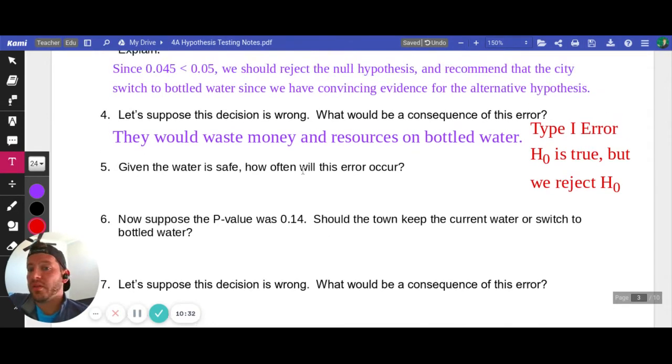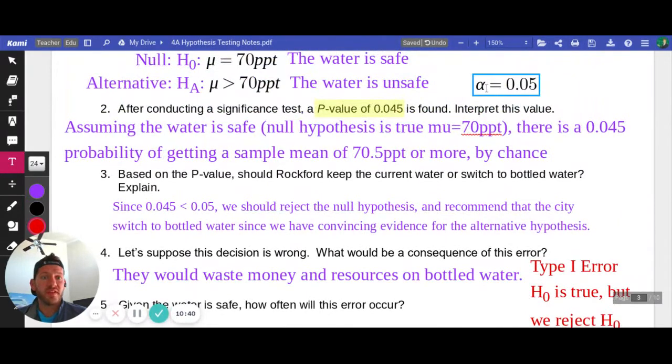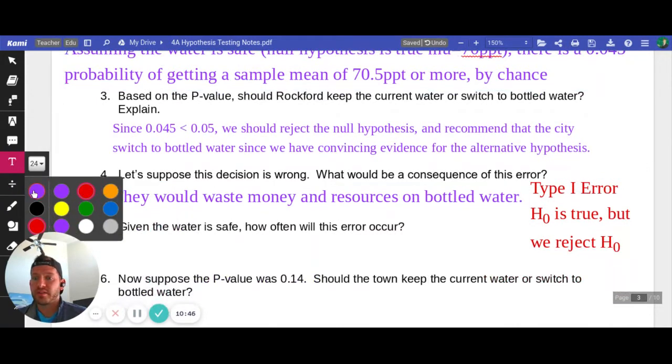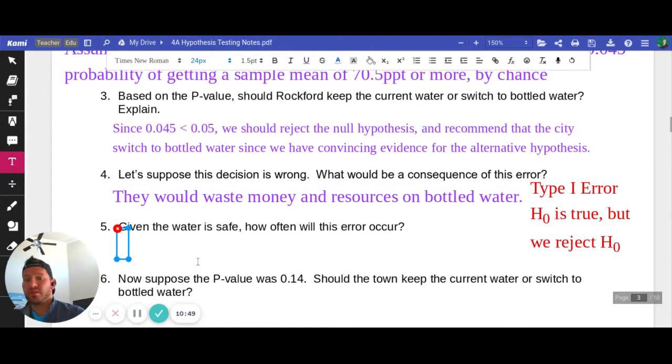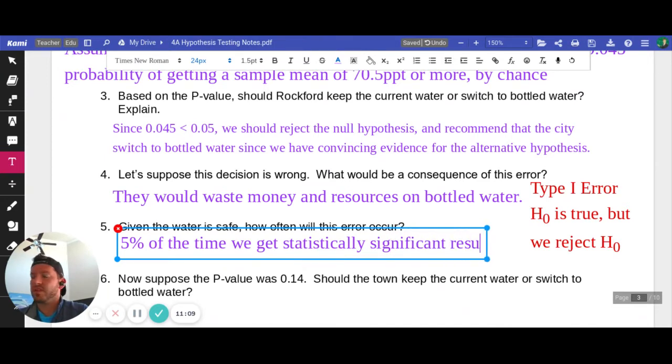So how often will this error occur? It'll occur based on our significance level. Since our significance level is 0.05, this is going to occur that often. So 5% of the time we get statistically significant results purely by chance.